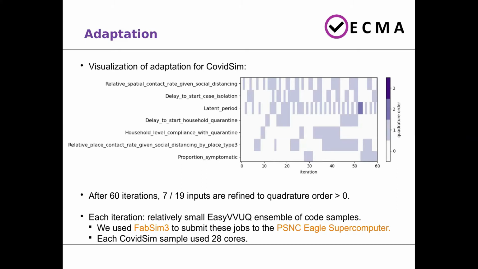About this, so I can run EasyVQ locally. I use FabSim3 to submit these mini ensembles, and we submit them to the Eagle computer at PSNC. Each COVID sample is like a moderately expensive code. It takes about 10 minutes for one sample if you use 28 cores. So not super expensive, but far too expensive to do on your laptop.